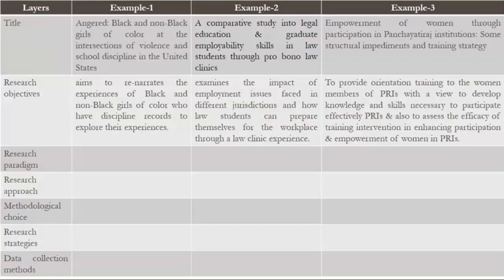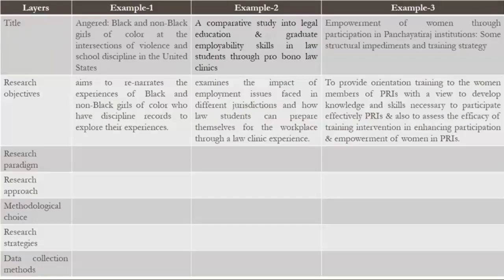I look at it: okay, she's Black, she's non-Black, and within the Black group she has disciplinary records. How many records does she have? If there is a small disciplinary act, I don't want to select her. I want to look at the nature of these disciplinary records, how many times her behavior has been pointed out as not good, the number of records she has.